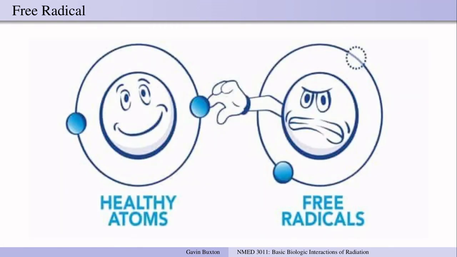Here's a little cartoon showing how the free radicals are missing an electron from the outer shell, and they're all unstable, and so they go and steal an electron from another molecule, and then potentially damage that molecule and that cell, right?